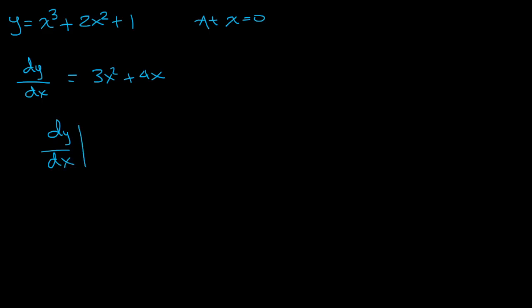So now that we have the derivative, we can find the gradient of the tangent line at x equals 0. So at our point x equals 0, that is going to be equal to, just literally substitute 0 into this expression. So that's going to be 3 times 0 squared plus 4 times 0. And that is going to just be 0, right?